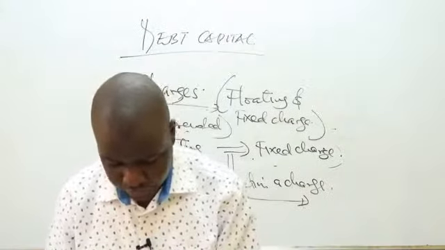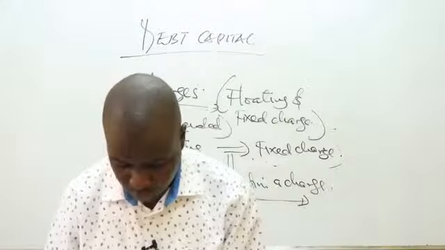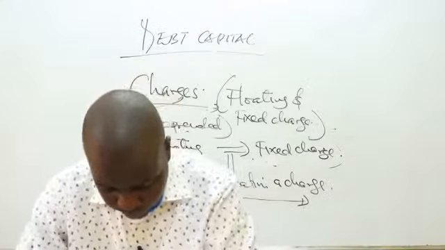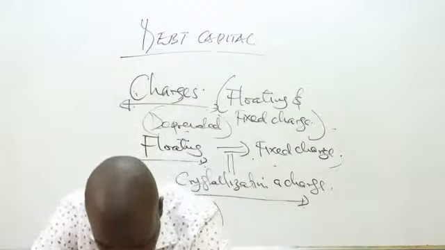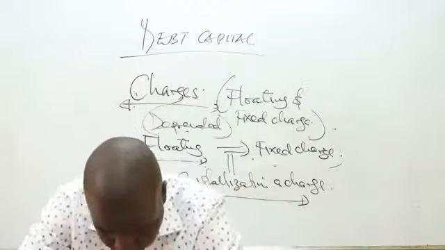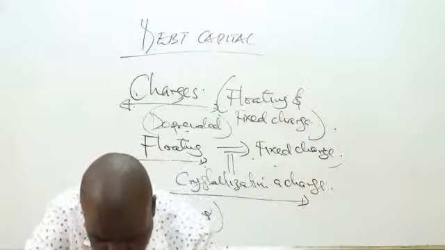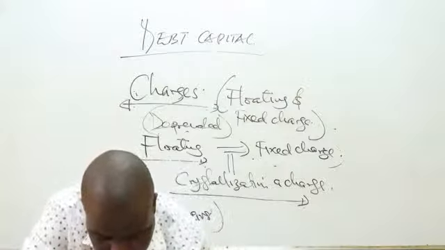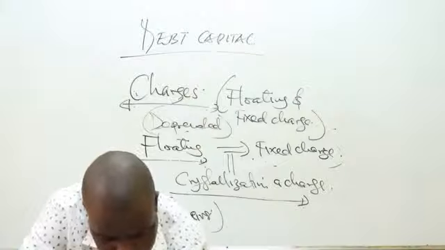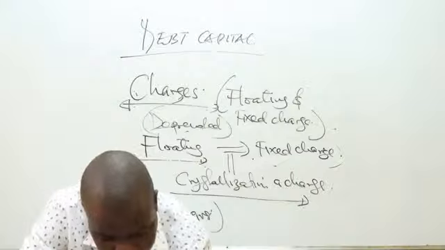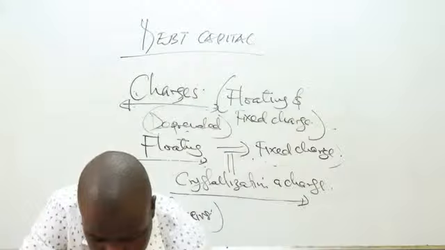Alternatively, you could look at September 2015, question 5A, which is just the same question. It says, discuss 3 events when a floating charge might crystallize. Then May 2017, question 4C, Roman 2: explain 3 instances when a floating charge is deemed to crystallize.